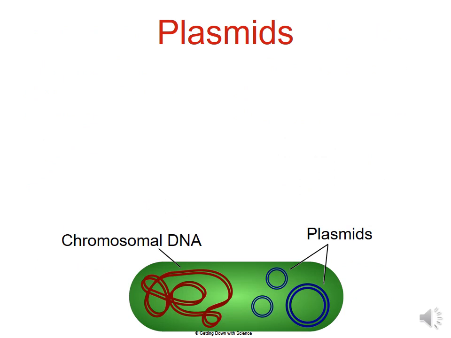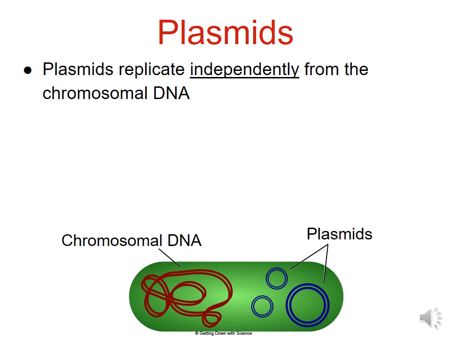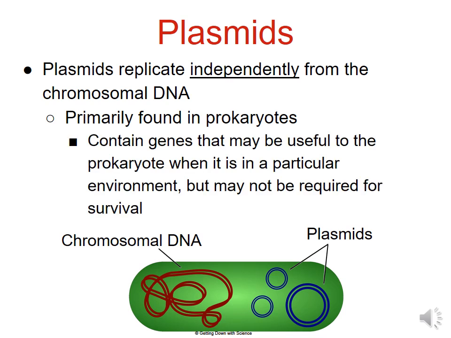So plasmids will replicate independently from the chromosomal DNA. So we'll go through a replication process with chromosomal DNA, and the plasmids will have their own replication process. Typically, plasmids are found in prokaryotes. That's the most common location.